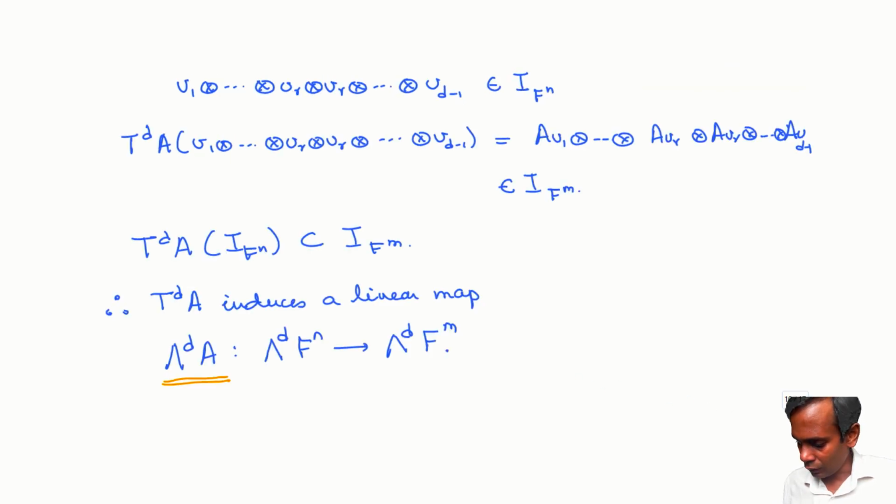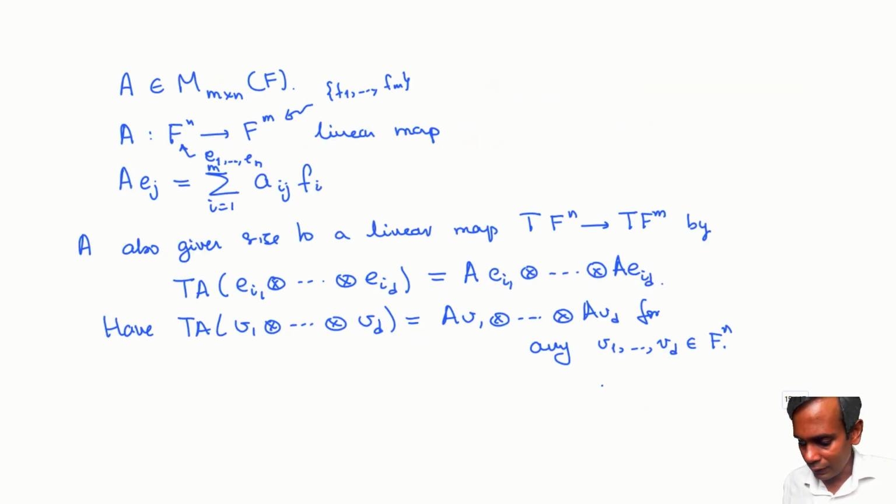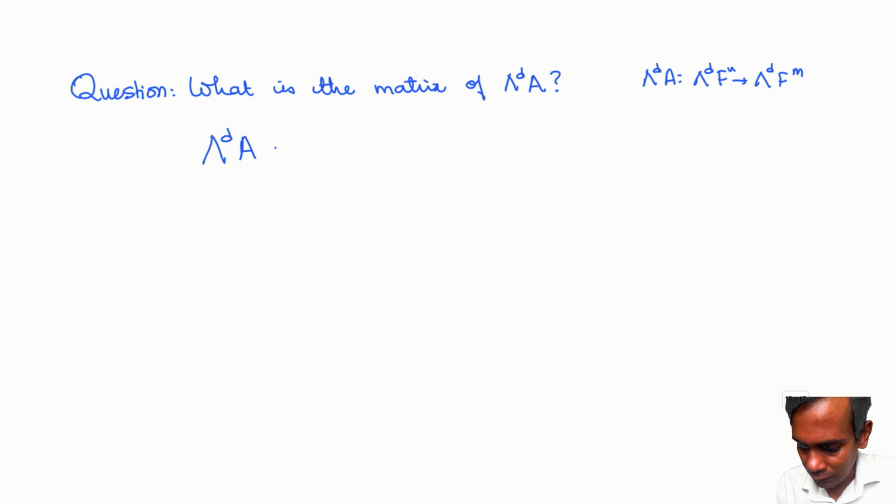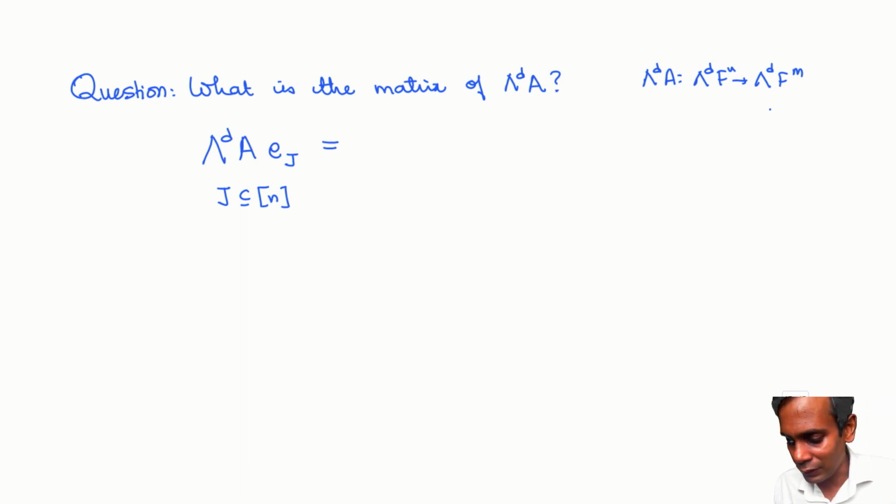We had taken for the basis of F^n, e_1, e_2, up to e_n. So a basis vector would be of the form e_J for some J subset of n. Then this is a vector in wedge^d F^m, and so we expand it in terms of the basis that we have for wedge^d F^m.